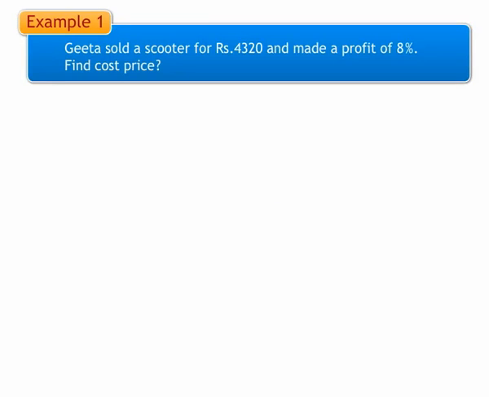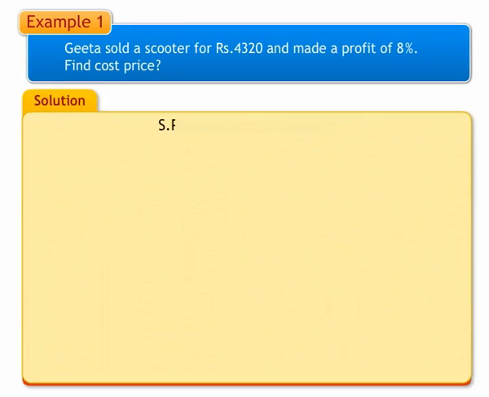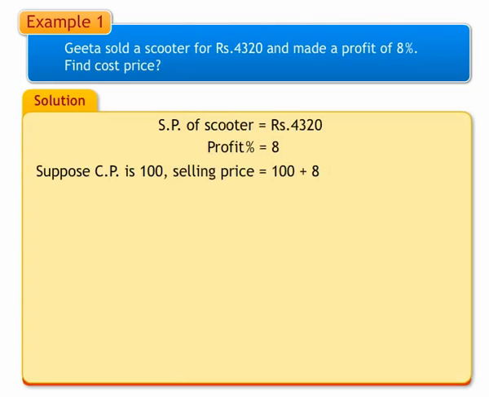Find cost price. Solution. Selling price of scooter is rupees 4,320. Profit percent is 8. Suppose cost price is rupees 100, the selling price will be 108. Suppose cost price is X, then ratio of cost price is equal to ratio of selling price.